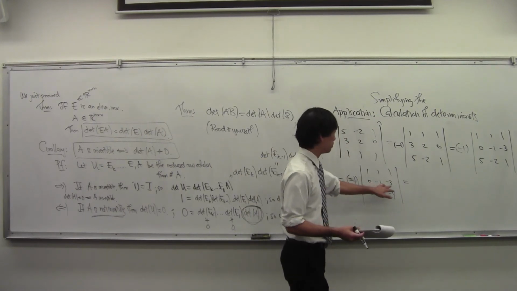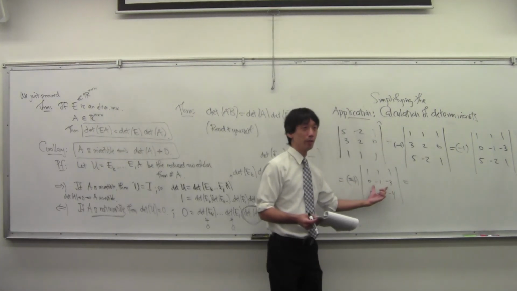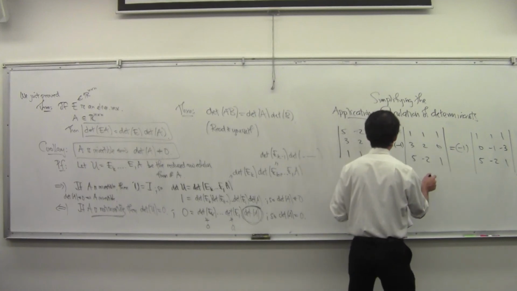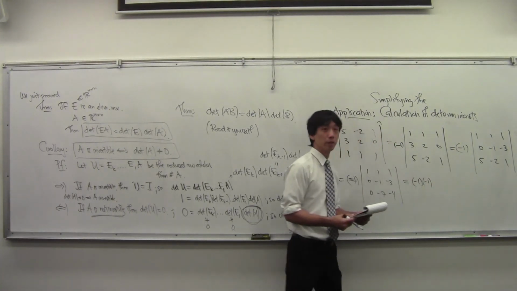Then I multiply the second row by negative 1. In order to do that, I need to put a negative 1 here.